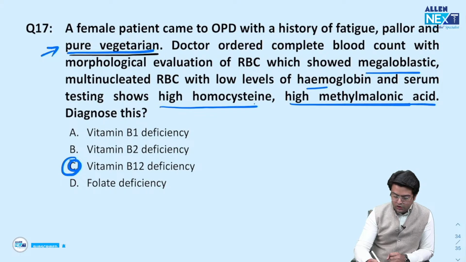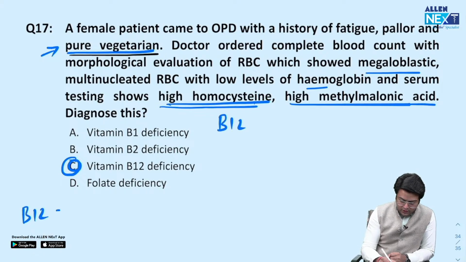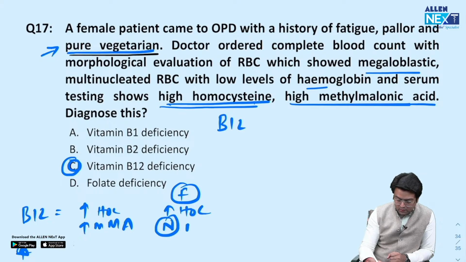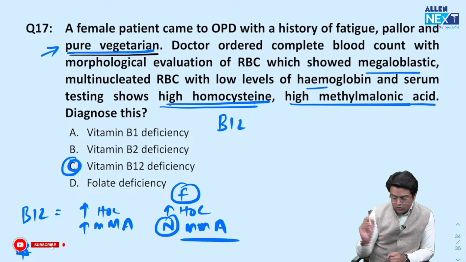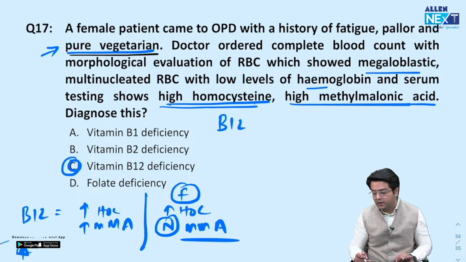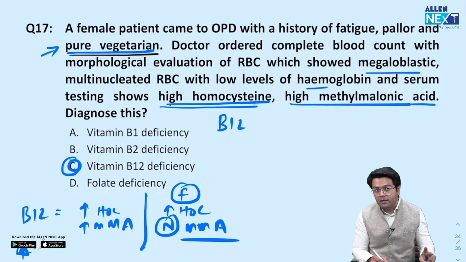See how to identify. If it is B12 deficiency, there is an increase in homocysteine and an increase in methylmalonic acid. If it's a folate deficiency, then there is an increase in homocysteine, yes, but a normal methylmalonic acid. So this you have to remember. High homocysteine and high methylmalonic acid, answer B12 deficiency.